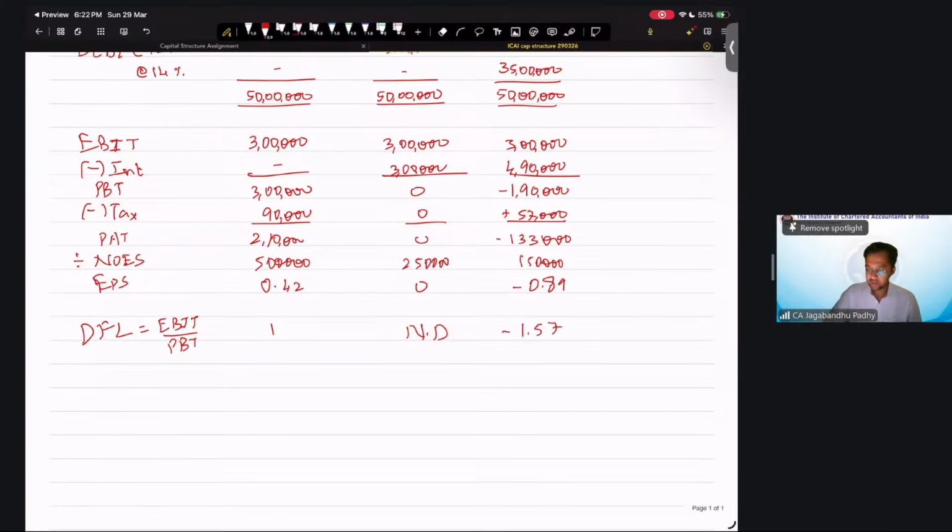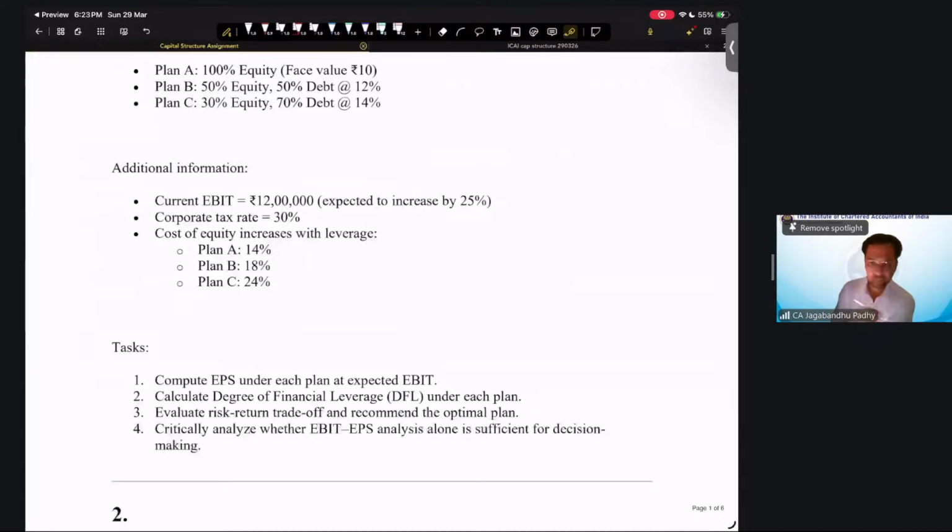Negative basically means that if you increase your EBIT, your PBT is going to be impacted by negative 1.57. 3 lakh divided by 1 lakh 90,000, EBIT upon PBT.